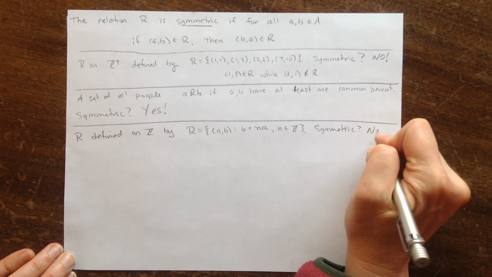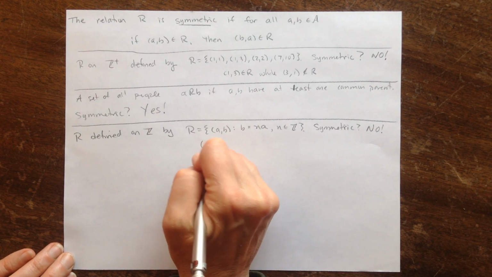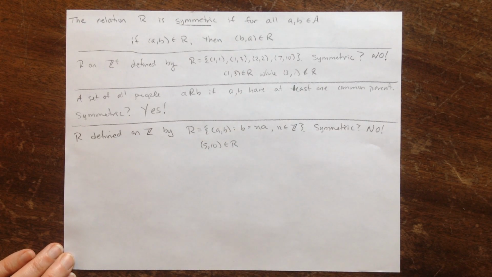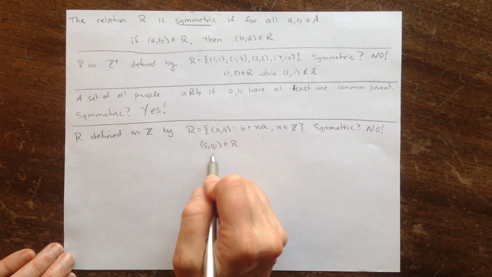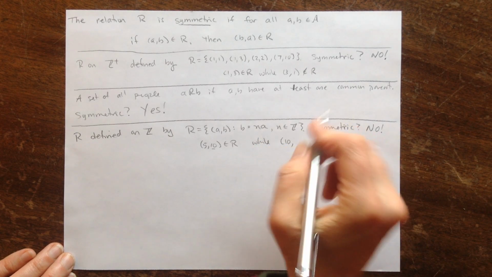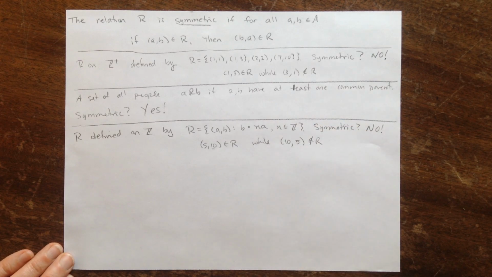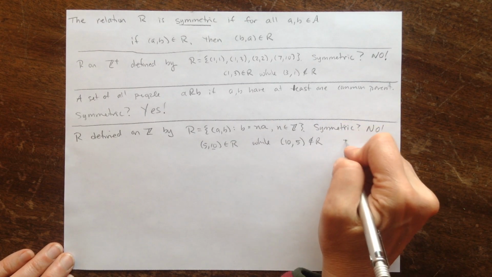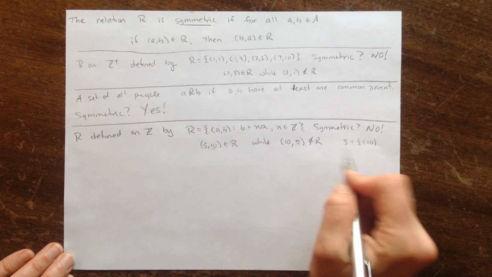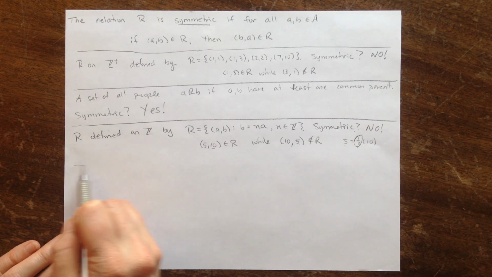The answer here is no. Why? Well, because, say, (5, 10) is in the relation, because 10 is equal to 5 times 2, but the ordered pair (10, 5) is not in the relation, because 5 is equal to 1/2 times 10, and 1/2 is not in the integers, so this is not symmetric.